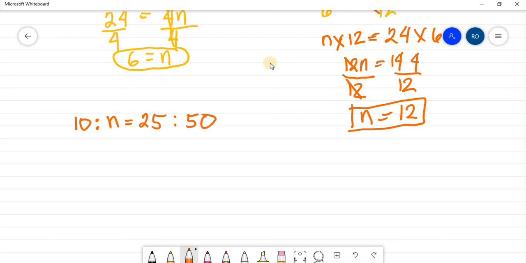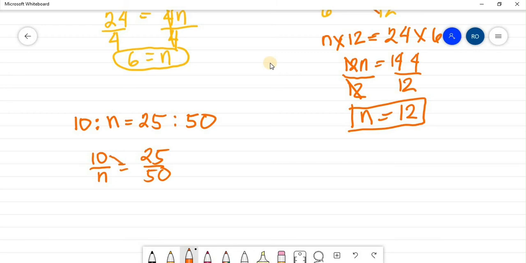Again, we have to find the value of n using the cross product. So we have to write them in fraction form. We have 10n is equal to 25 over 50. So let's use the cross product.